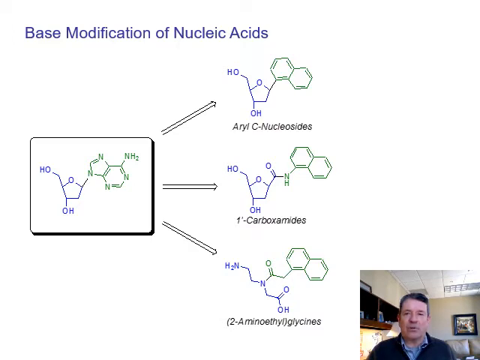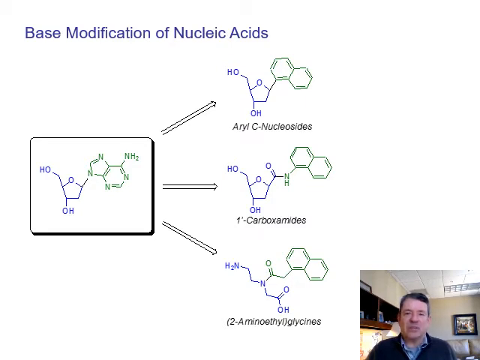One approach is to generate things like aryl C nucleosides, where we take a carbon-based aromatic system and use that to replace the carbon-nitrogen bond and some number of other nitrogens, for instance, in a nucleobase. We also have been interested in trying to do this as a modular type of system.